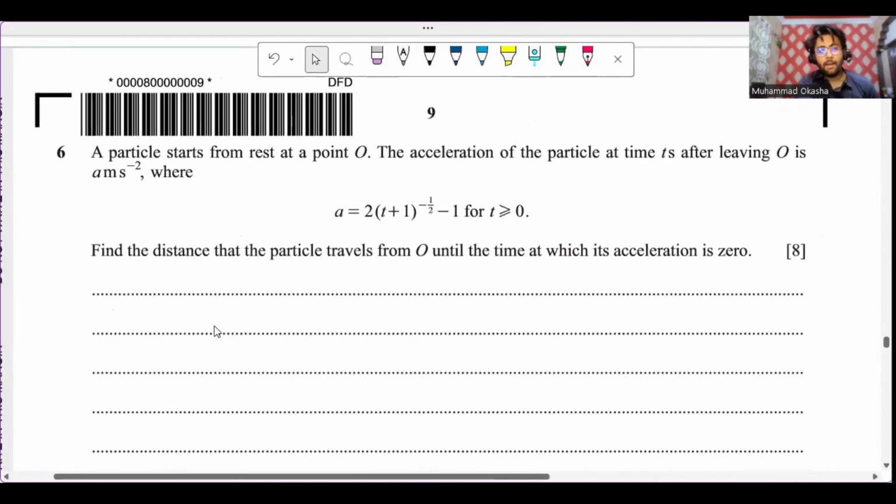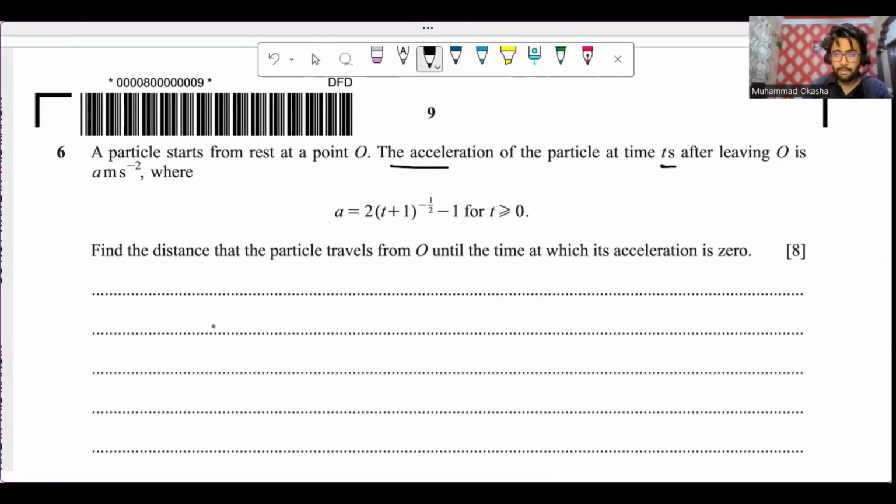A particle starts from rest at point O. So it starts from a certain point, which is O. The acceleration of the particle at time t seconds after leaving point O is a meters per second squared. So a would be the acceleration. Find the distance that the particle travels from O until the time at which its acceleration is zero.